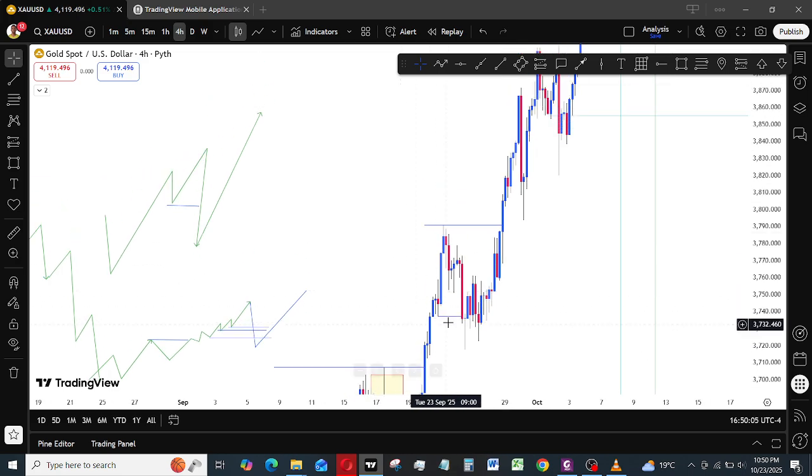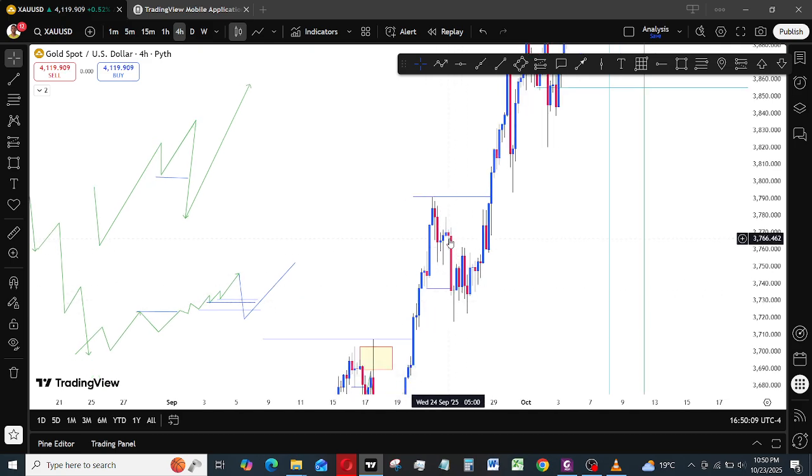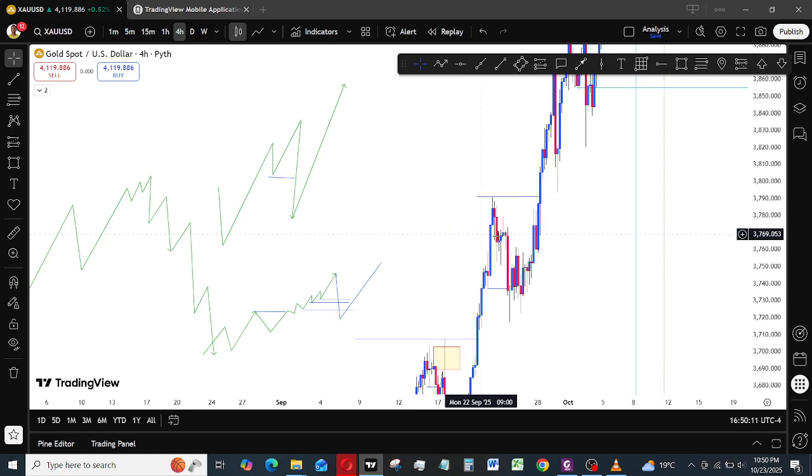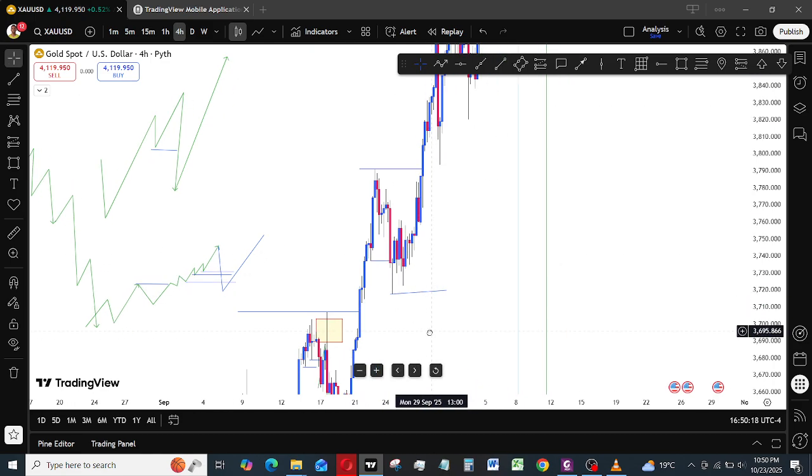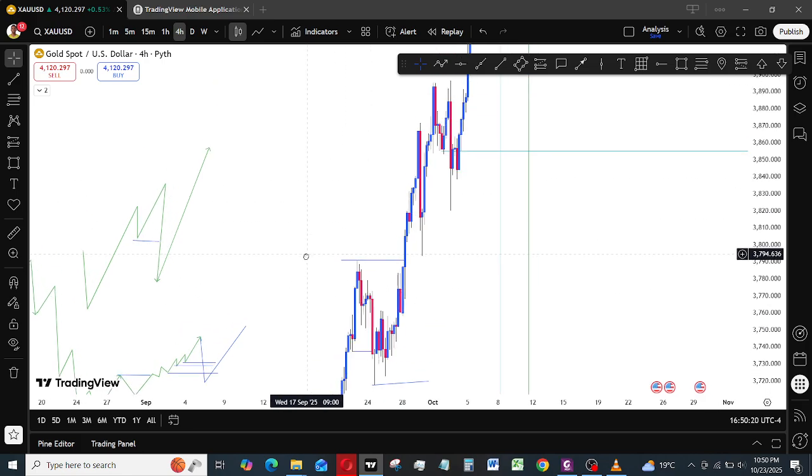And some people will call this a change of character, so that they will just start buying around this point and then they target this liquidity that is resting here, but I don't call it like that. So that's another example. Let's move.